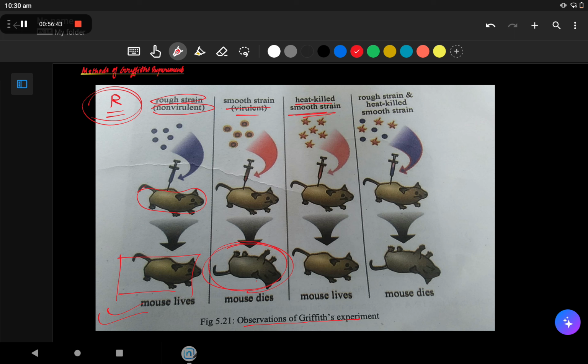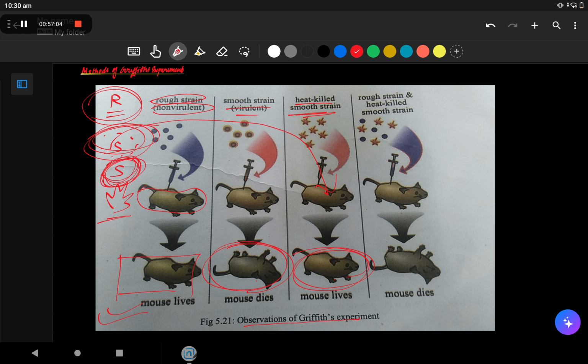Next, he took the S strain and heated it. What will happen? The outer layer gets damaged and it would form like this. When he injected this into the mice, it was still alive, which says that the heated S strain did not affect it and is non-virulent.